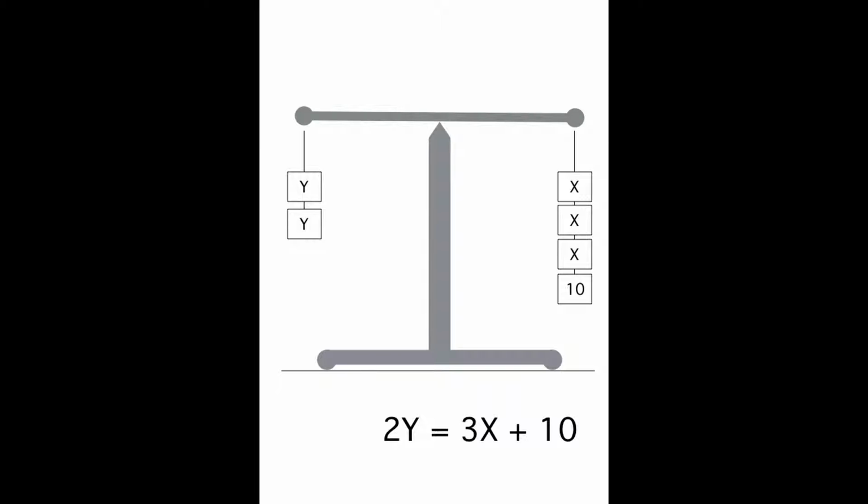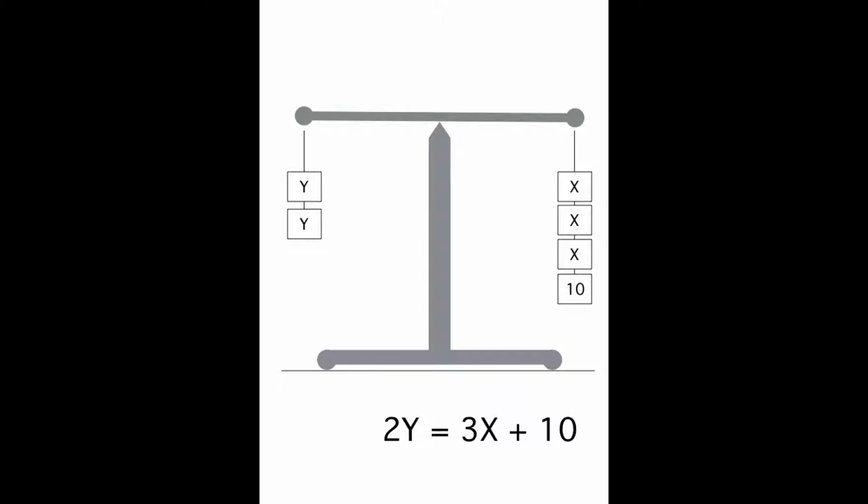And I want to rearrange this equation, keeping it balanced, so that I can say what this equation is telling me in terms of x. So I want to write it as x equals something. In other words, I want to make x the subject of the equation.